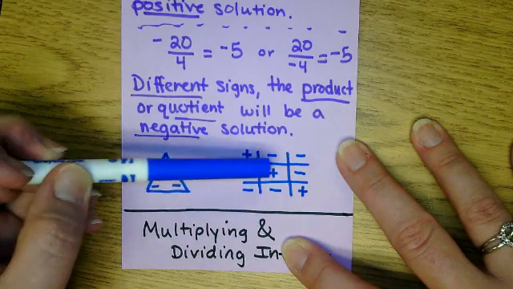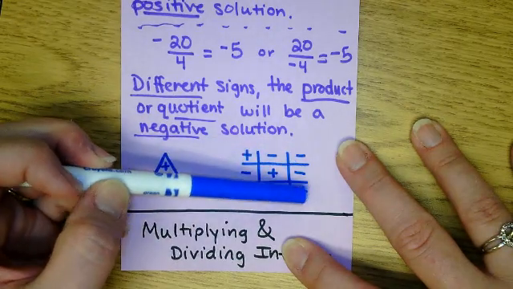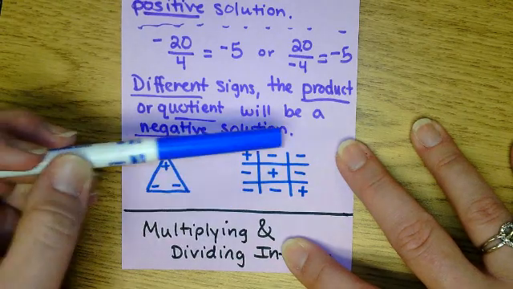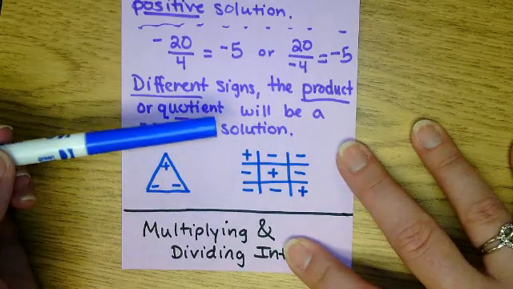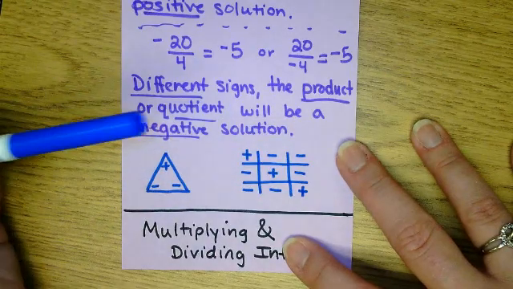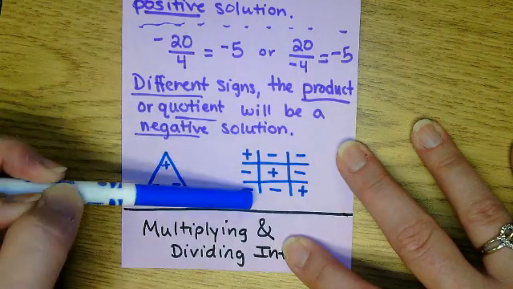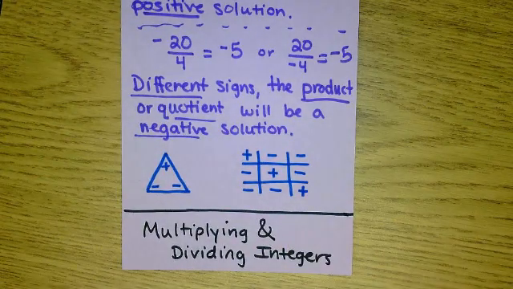When you have a negative times a positive, that will equal a negative. A negative times a negative is a positive. A positive divided by a negative equals a negative. A negative divided by a negative is a positive. So you can go in any order, any type of tic-tac-toe format. That's why they call it the tic-tac-toe way, because you have to go in the same direction of any actual tic-tac-toe winning. Okay, so lots of strategies.